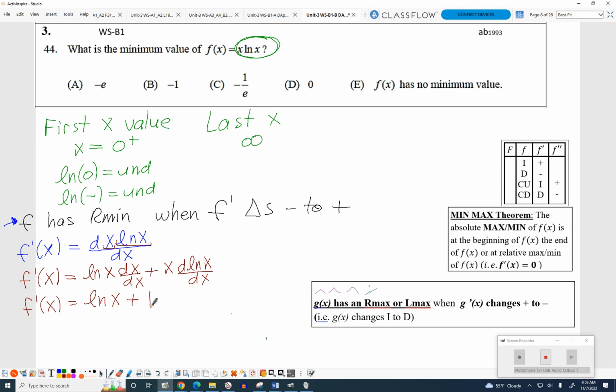So now we need to find a sign chart of this. So Lexi, what's the first money statement we need to write? When f prime of x equals 0 or undefined, when x equals what value, Lexi? 1 over e.